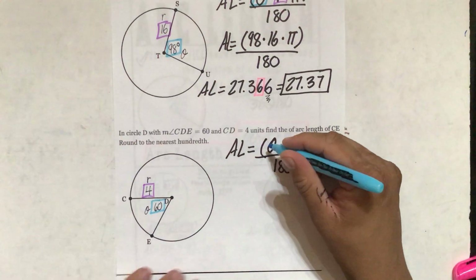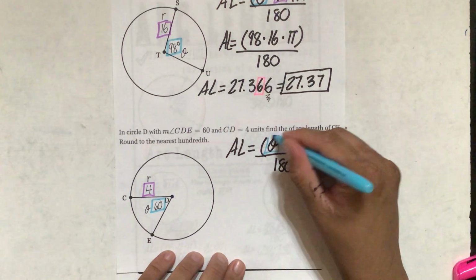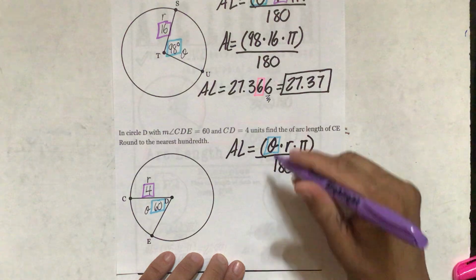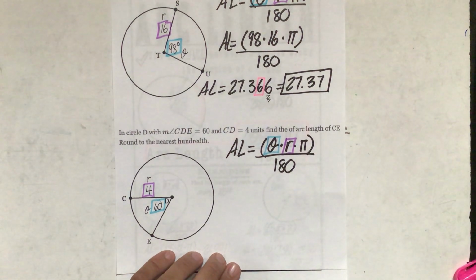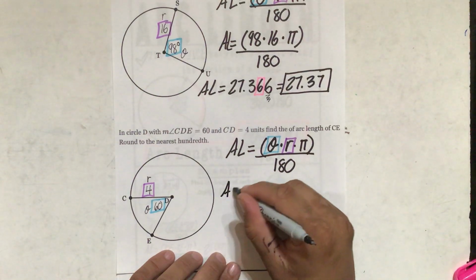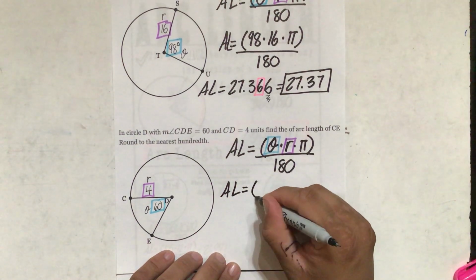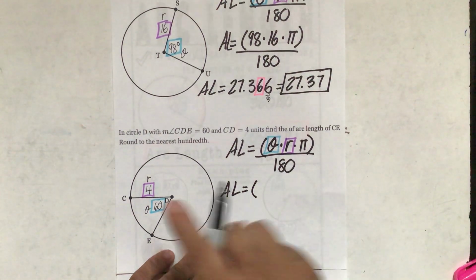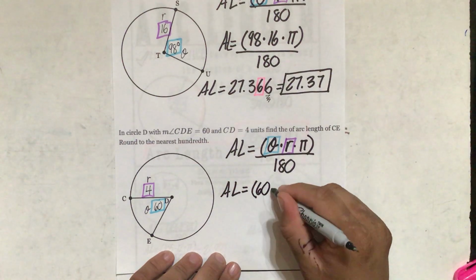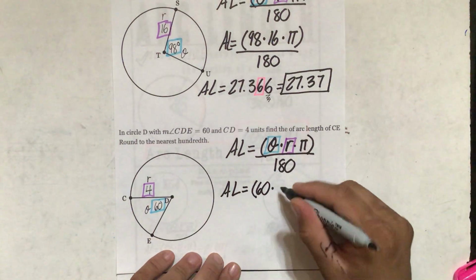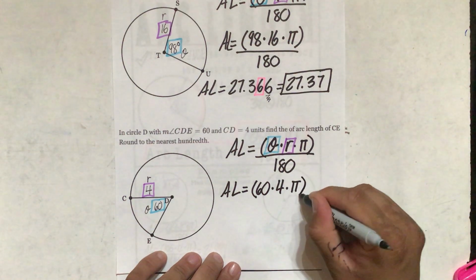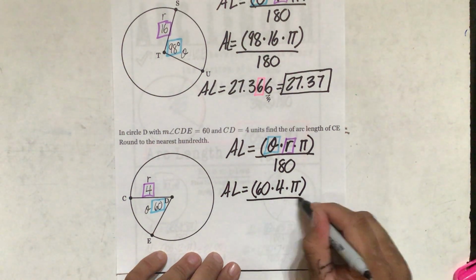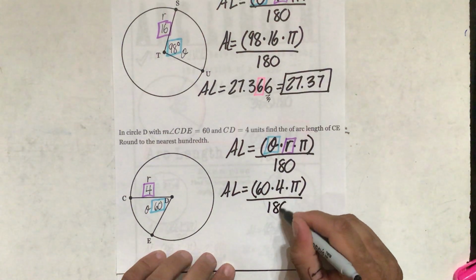My theta is in blue, and my radius is in purple. So let's substitute. AL is equal to parentheses, theta is 60, radius is 4, times pi, parentheses, divided by 180.